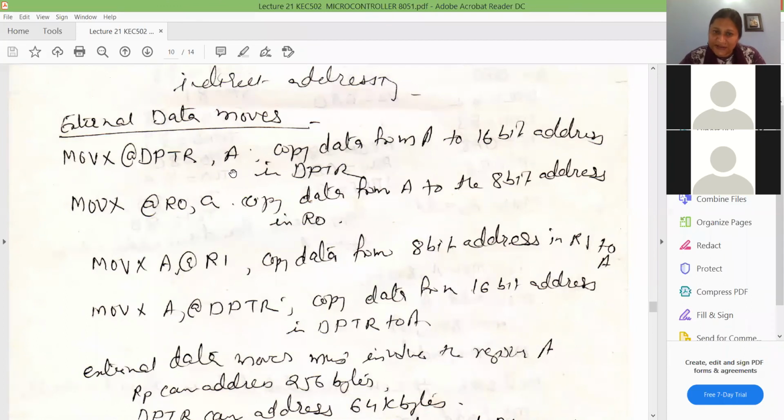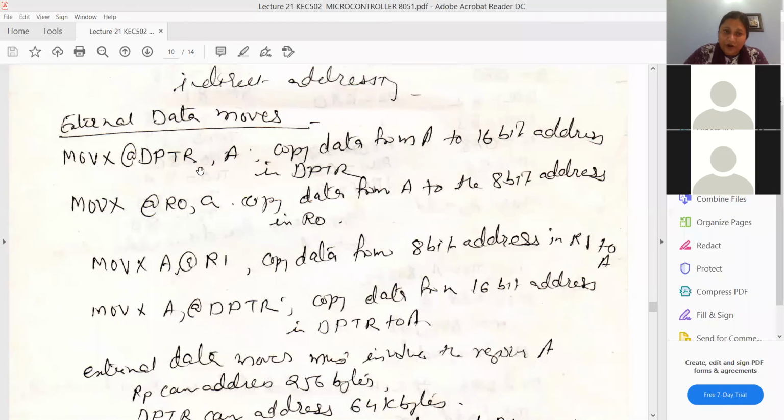Whether the address is 16-bit or 8-bit, the data storage capacity of that memory location is 8-bit only. So if I write move at dptr comma a, then accumulator data will go into the memory location specified by dptr.